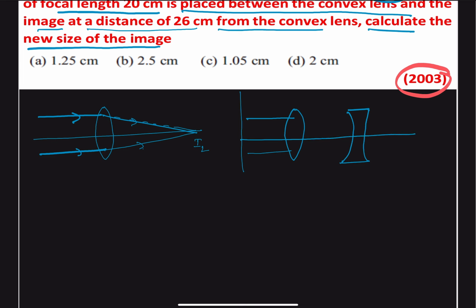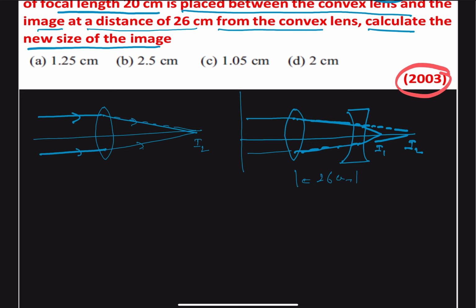Therefore, this will be our initial image, which was our I2, but because of this concave, it will try to merge or bend slightly inwards. And let us suppose this is our I1. And it is given that the distance between this is given as 26 centimeters. Okay, so these are the two conditions.